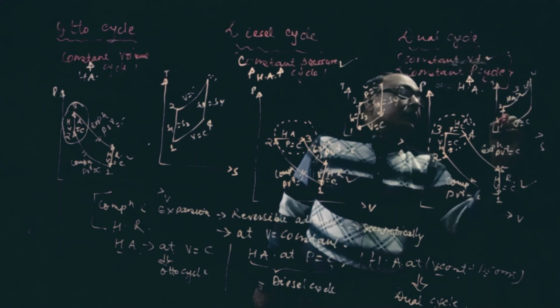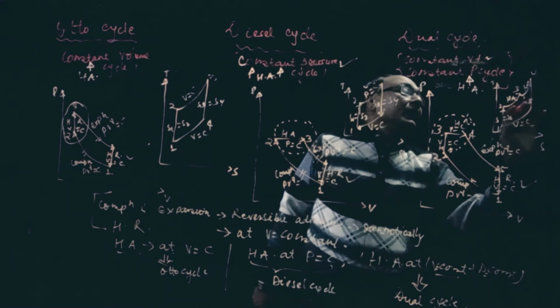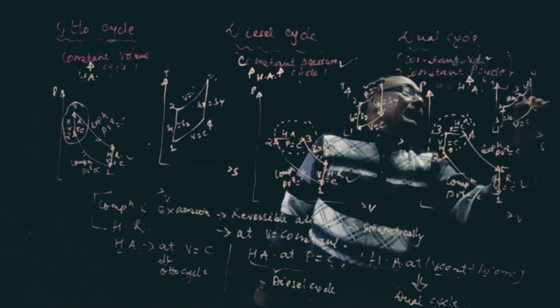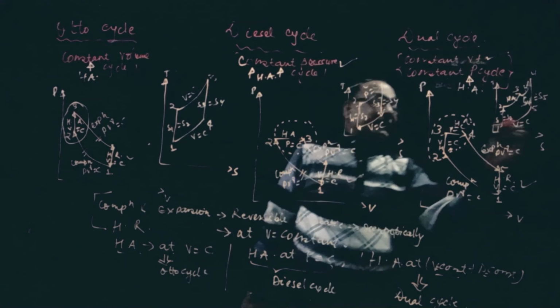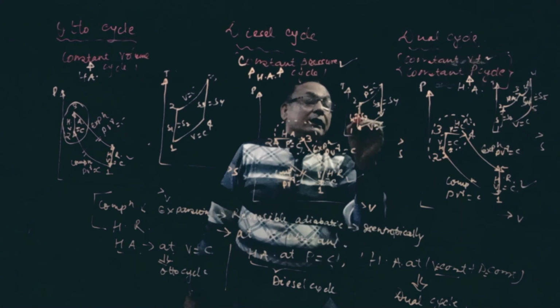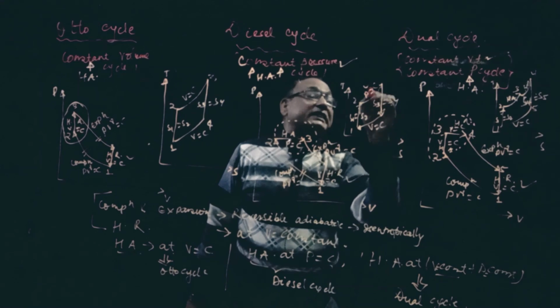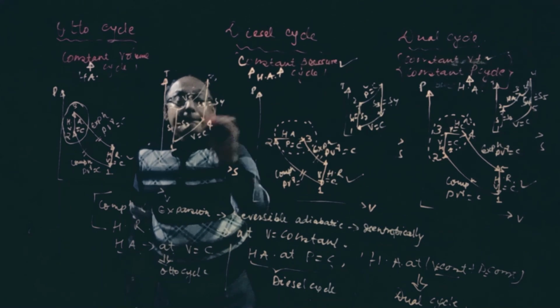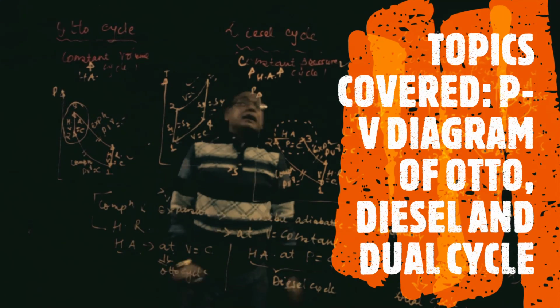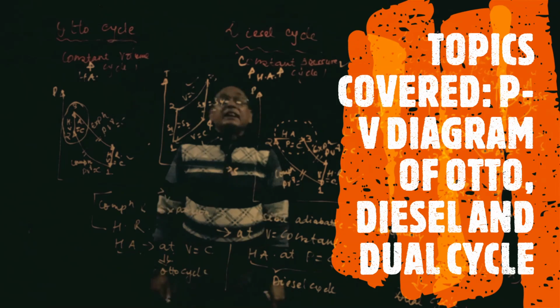Here S1 is equal to S2, S4 is equal to S5. So these are the compression, expansion, heat addition, heat rejection. Here also compression, expansion, heat addition, heat rejection. Rest of the derivation parts I will discuss in the next class. Thank you.